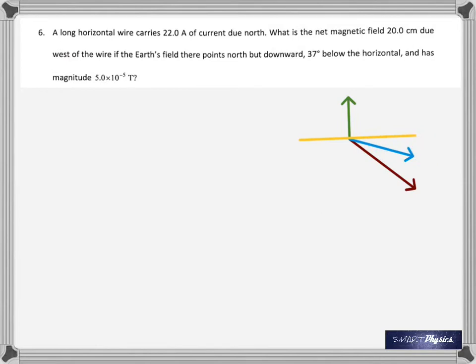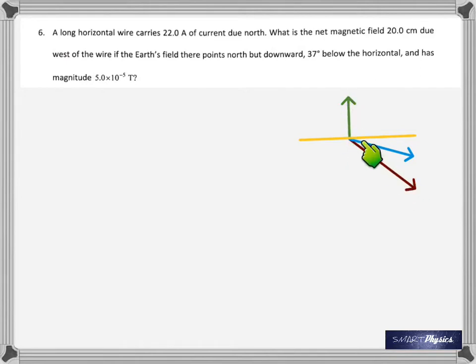And then at that point you have the Earth's magnetic field pointing 37 degrees below the horizontal, because it says downward 37 degrees. And the blue arrow is the resultant of the two. So you have the magnetic field due to the conductor and the Earth's magnetic field.